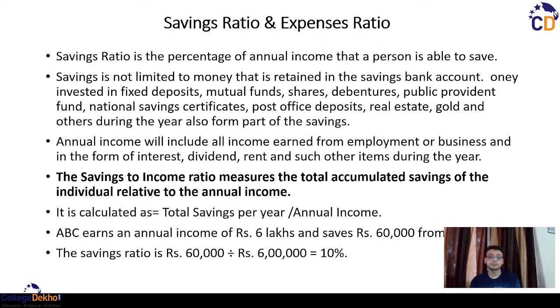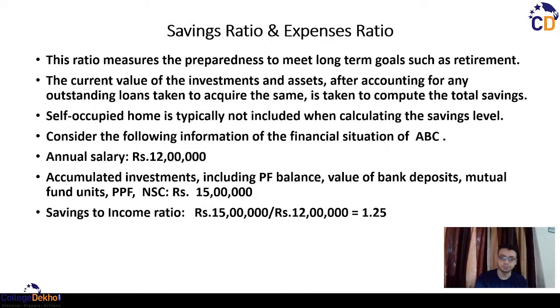So here they have given you 6 lakh rupees income and 60,000 rupees out of this is saved. So what's your saving ratio? It's ultimately your total savings per year. Here we are calculating it on an annual basis. So the person can save 60,000 rupees, 10% of his annual income of 6 lakh rupees, and that is the savings ratio.